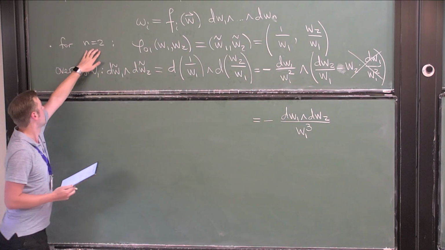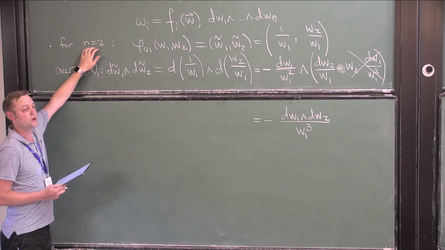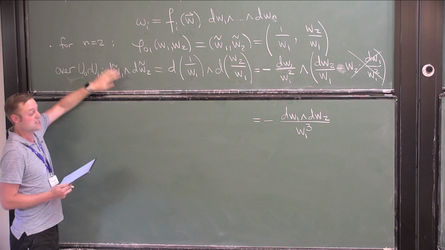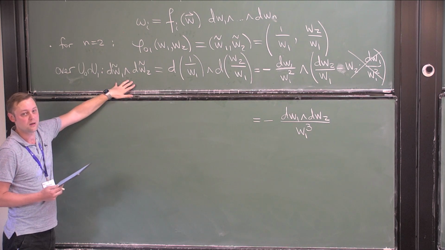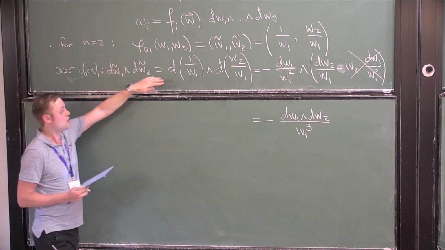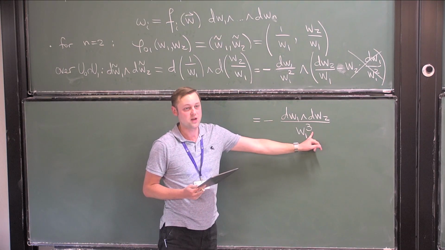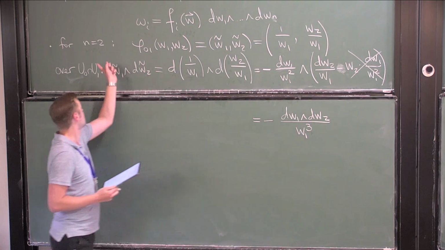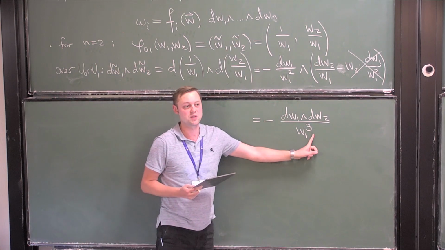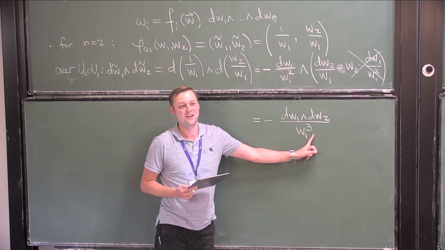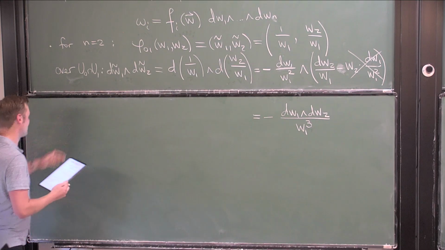Here we cranked it up by 1, so for n equals 2, we did the exact same thing. The obvious candidate transformed to a different coordinate chart, we get a pole of order 3. So if I do n equals 3, what do you guess is going to be the order of the pole? 4, 5, 6. Well, yeah. So let's do this.